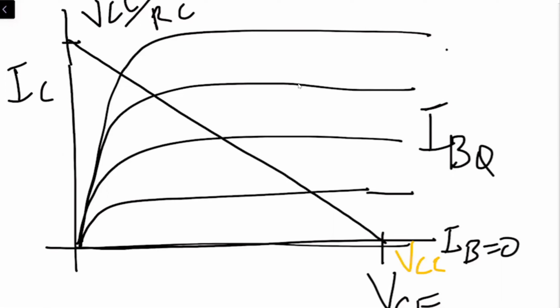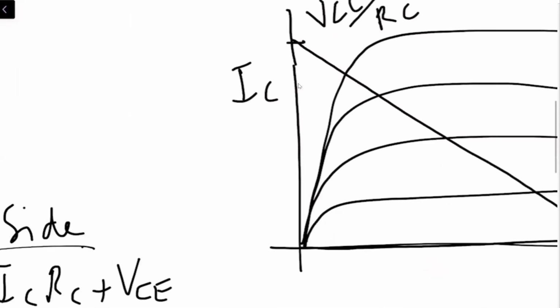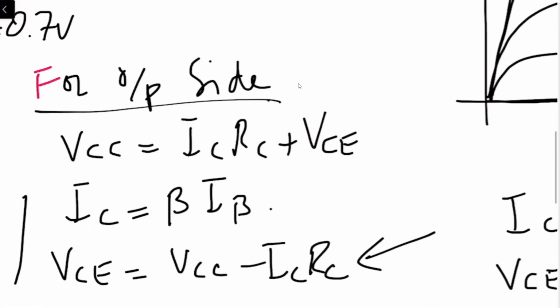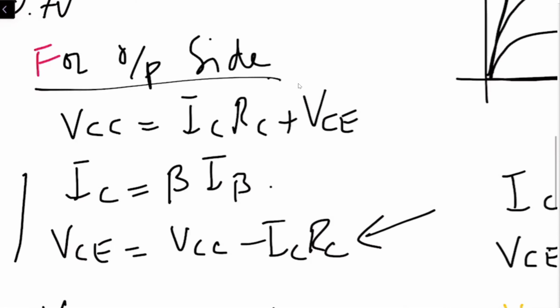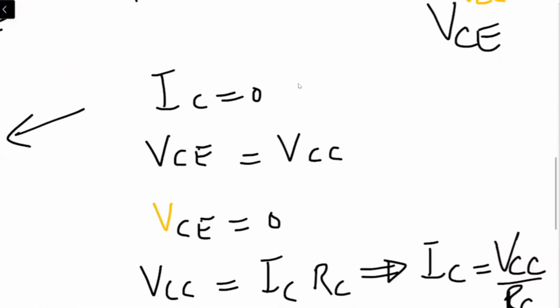Okay, therefore I said listen to me clearly. We have taken 2 points from the output circuit equation. We have this equation, VCE is equal to VCC minus ICRC, and we have taken 2 points.